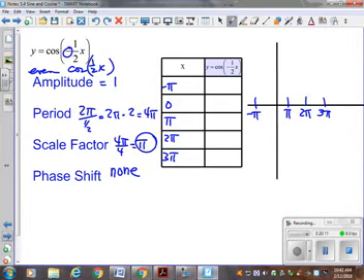Then on our y column, since our amplitude is 1, is that going to change our y values from our original set? No. And because it's an even function, neither did that negative on the inside change anything.